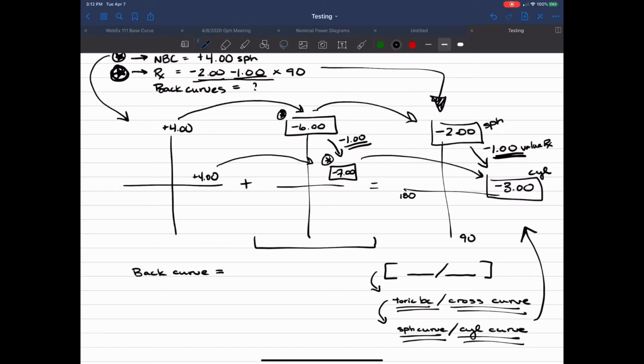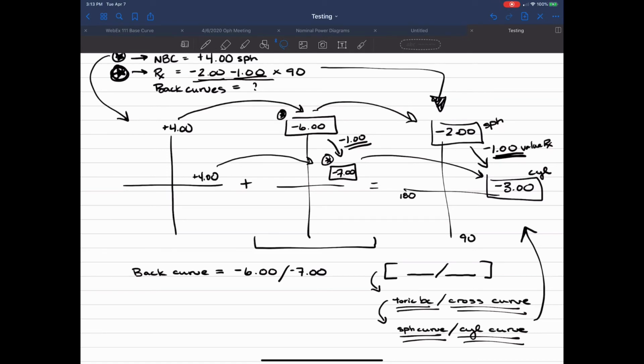We would write -6 slash, then we write the other one, -7. But why did we choose -7? Because the -7 gave us the -3 power, which was our cylinder value. And so that still fulfills this cross curve, which is also the cyl curve. And so now those orders make more sense to you.